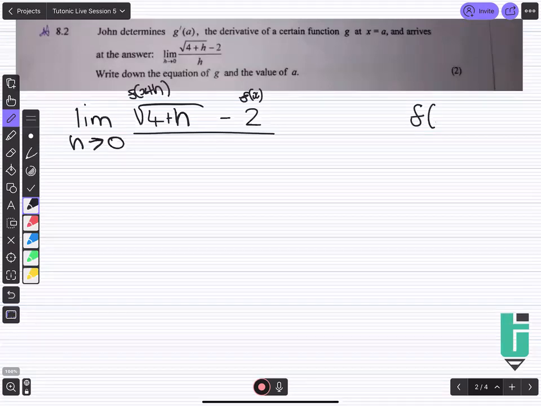So therefore f of x, when x is a, is 2. Do you agree? And f of a plus h is root 4 plus h.